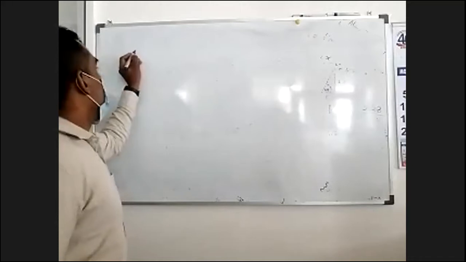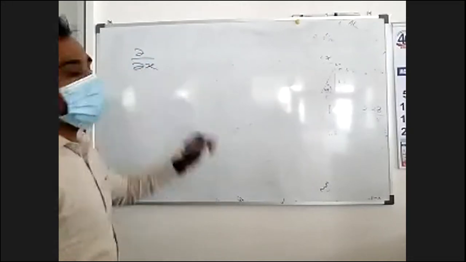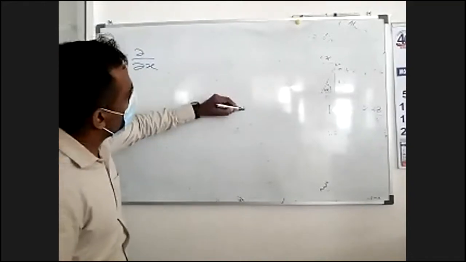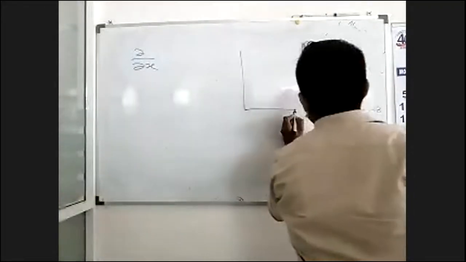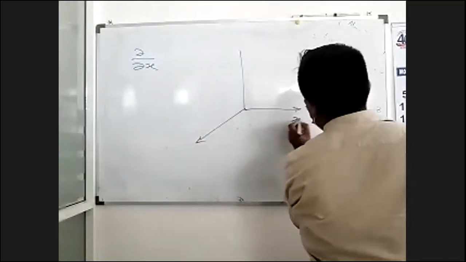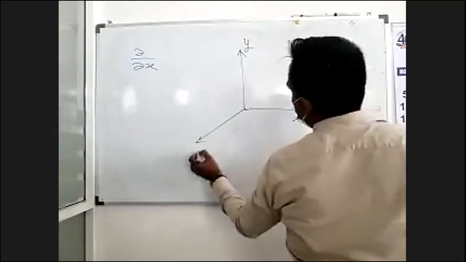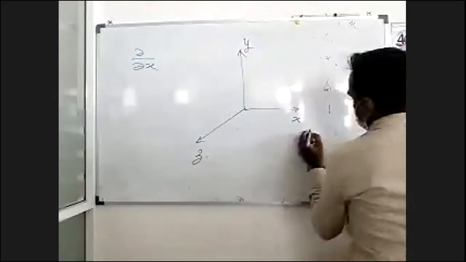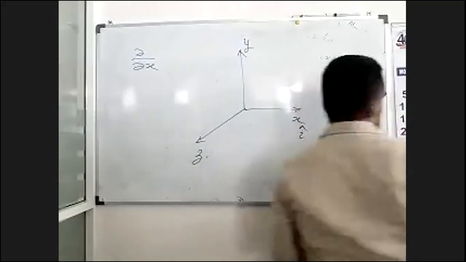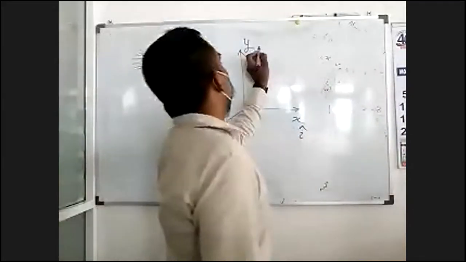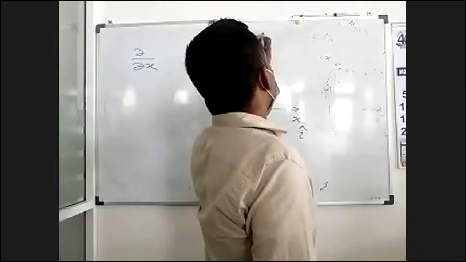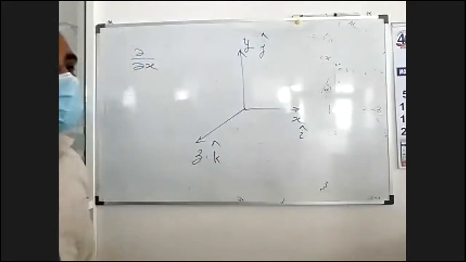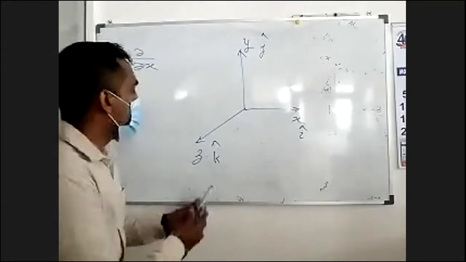Now, in the 1D case of vector analysis, we introduce the unit vectors in the x, y, z directions. The unit vector in the x direction is denoted as i, in the y direction as j, and in the z direction as k, with a hat.